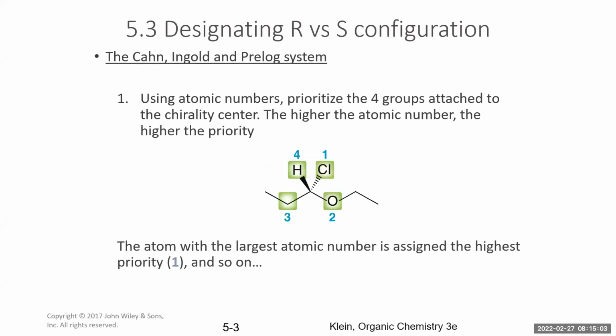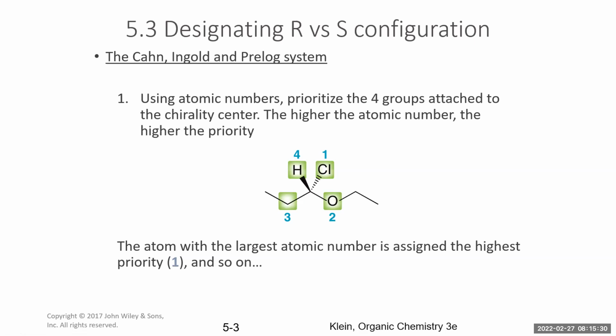So let's look at how we would prioritize 4 different groups attached to a carbon. Again, the prioritization is using atomic numbers, which you can find on the periodic table. But the group here with the highest atomic number is chlorine, followed by oxygen, followed by carbon, followed by hydrogen. So they've labeled them 1, 2, 3, and 4.